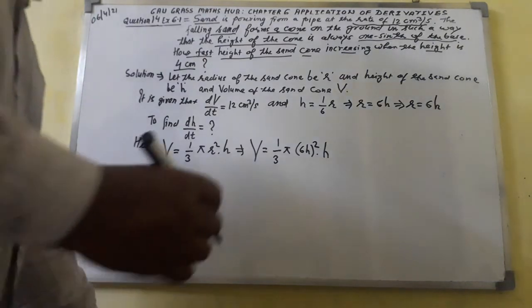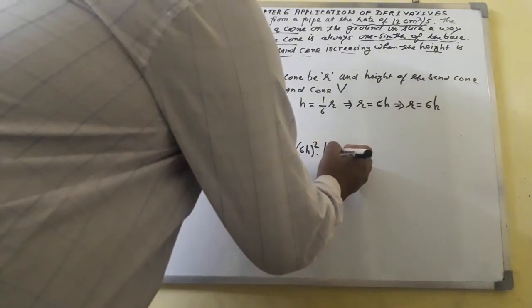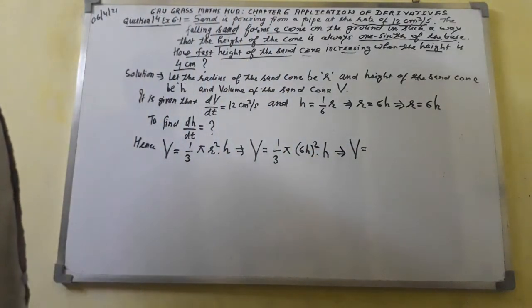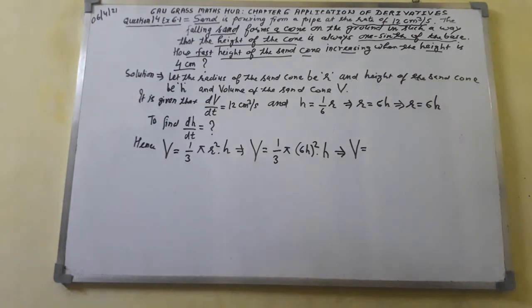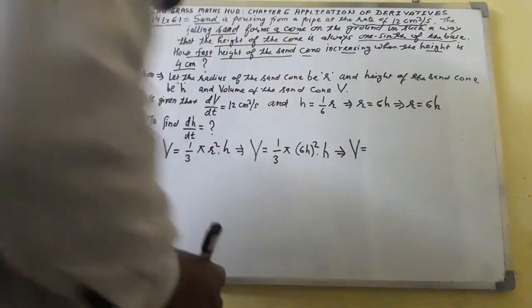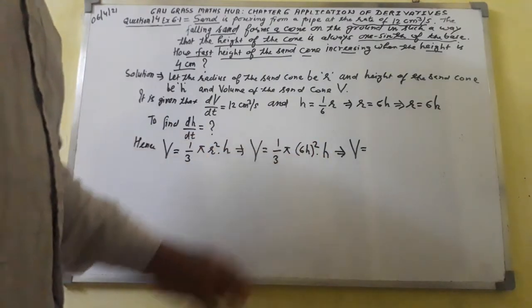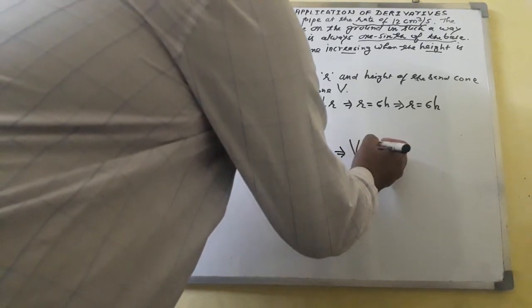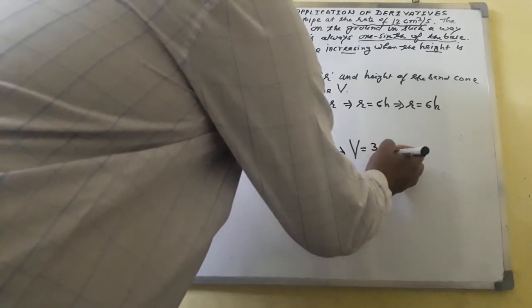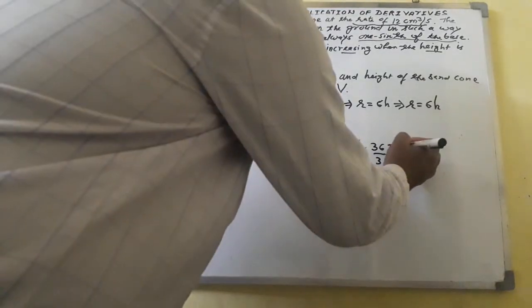Now just simplify this one. (6h) whole square comes out to be 6 square, 6 into 6 is 36, pi over 3 dot h square.